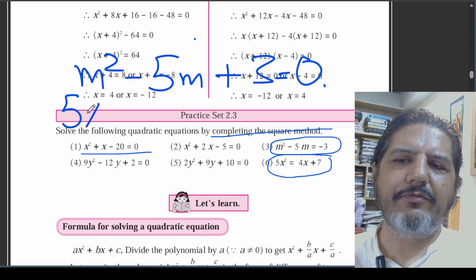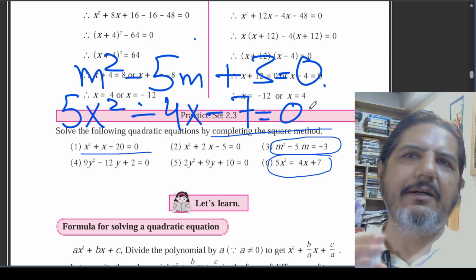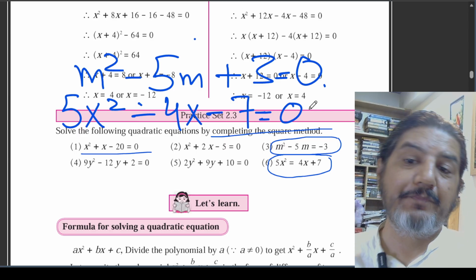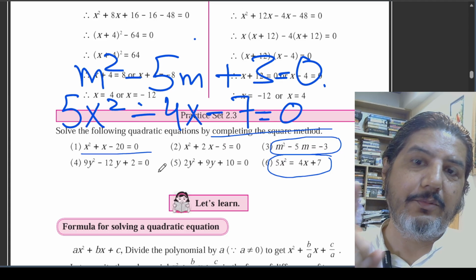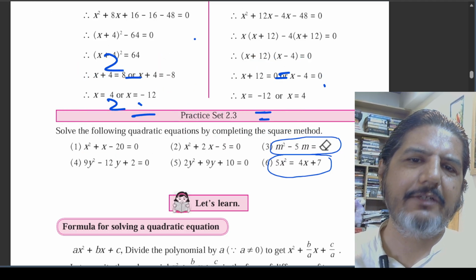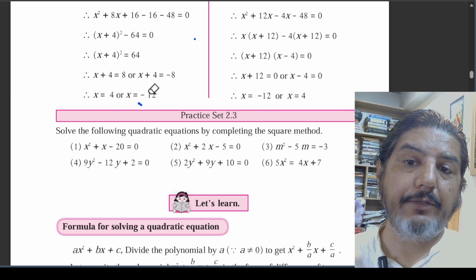This would be 5x square minus 4x minus 7 is equal to 0. So whatever quadratic equation is given to you, you put that in the general form ax square plus bx plus c is equal to 0. This is the first thing that we need to take care of. We need to understand what the general form of a quadratic equation is. Important thing that you need to understand.